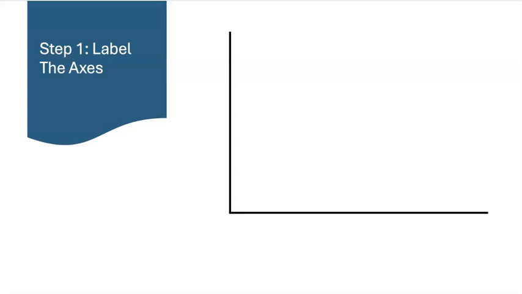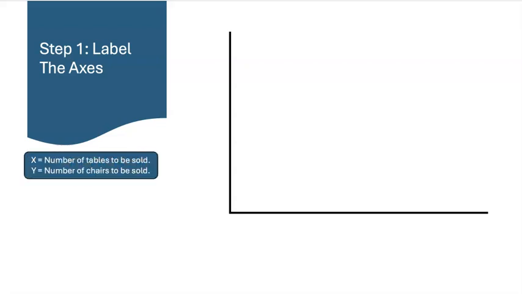So now that we are ready with step 1, we're labeling our axes. x was the number of tables, so we put tables on the x-axis, and we put chairs on the y-axis.